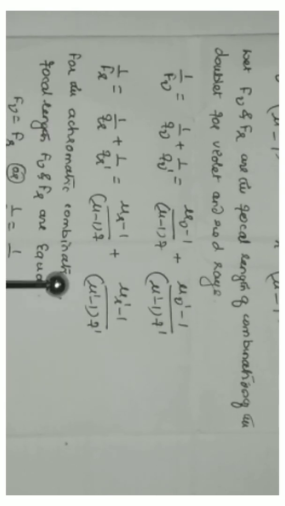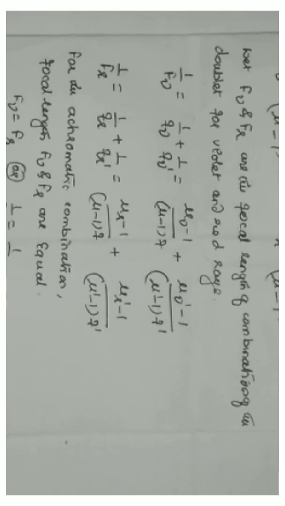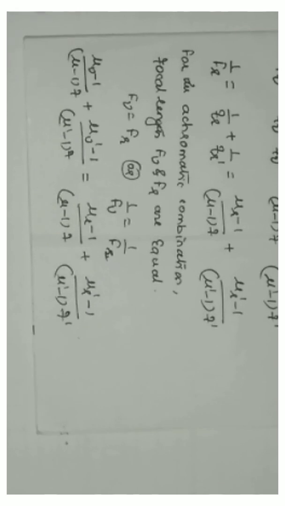For achromatic combination, the focal lengths Fv and Fr are equal. So in other words, Fv is equal to Fr, 1/Fv is equal to 1/Fr.